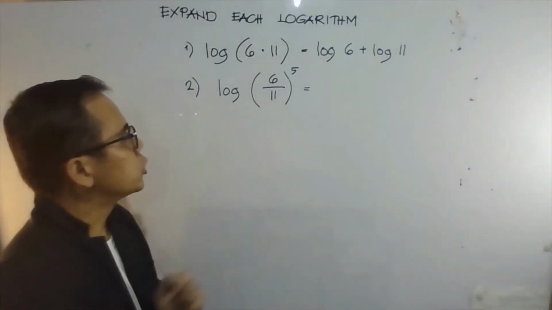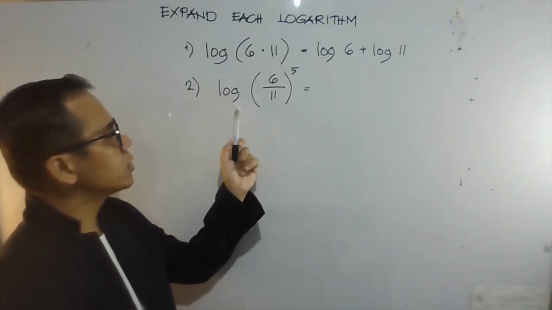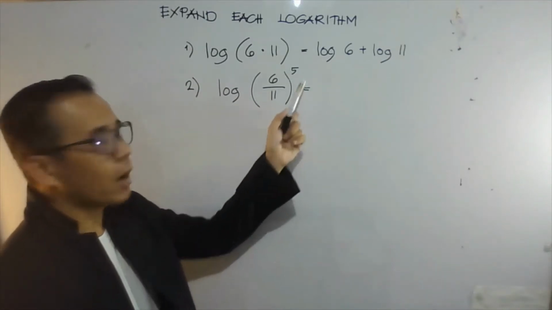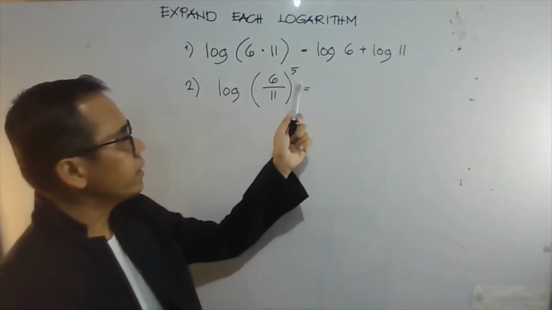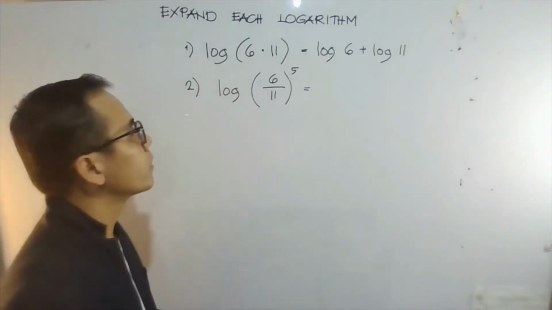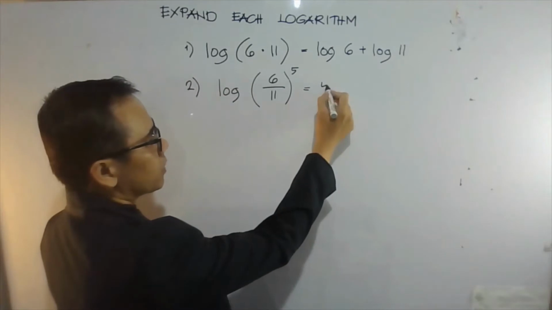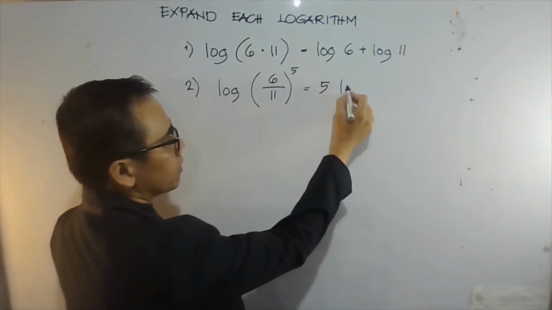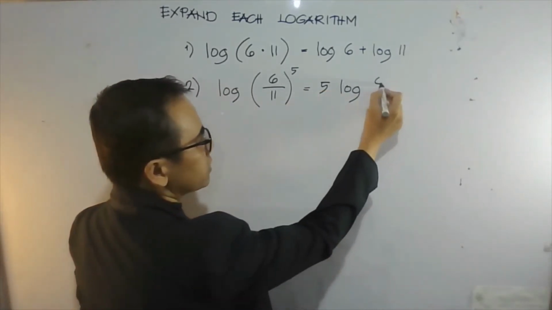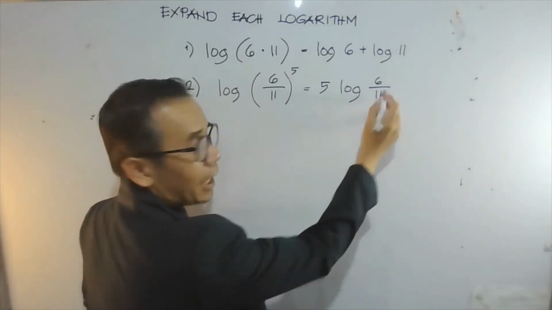For problem number 2, we have the log of 6 over 11 raised to the power of 5. Now applying the power rule, because we have this exponent here, this will become 5 times the log of 6 over 11.